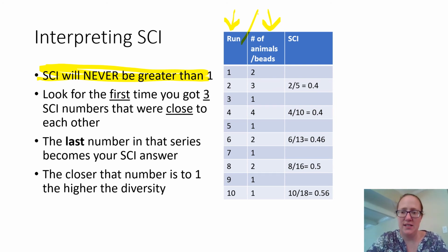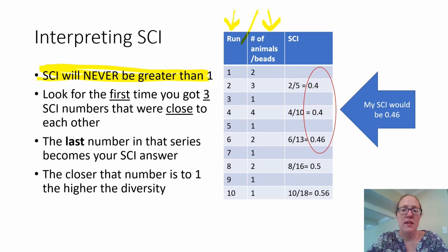So in this case, the SCI that we calculated would be 0.46 because 0.4, 0.4, and 0.46 are pretty close to each other. It then starts getting further away, 0.5, 0.56. So as soon as you get 3 in a row that are approximately the same, you use the last one, and that is going to be your SCI.